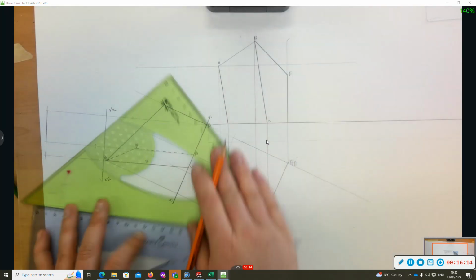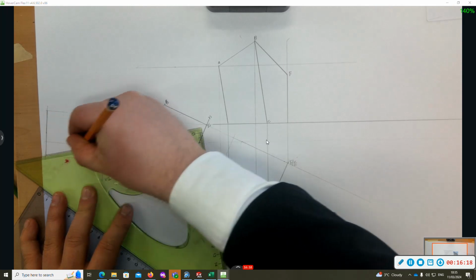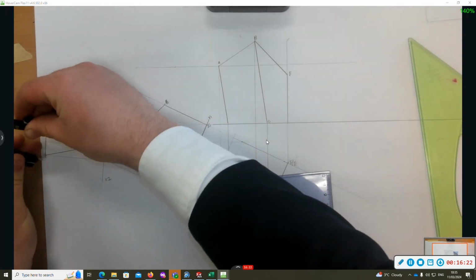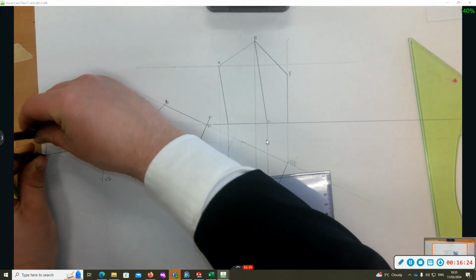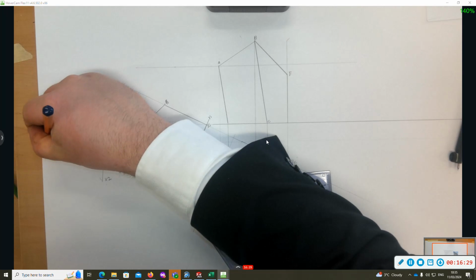So we have an edge view of one surface. Here's the other one. And here's our dihedral angle here.